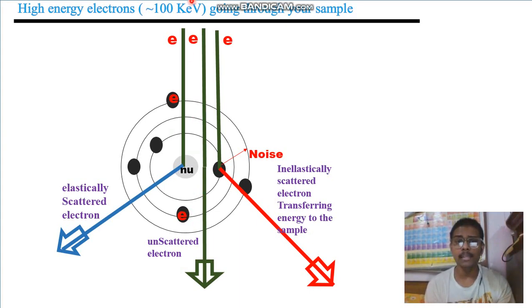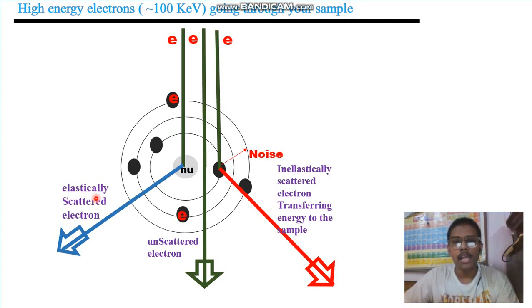One type of interaction is the unscattered electron, which goes through the sample without disturbing it. Another type of interaction happens when the electron interacts with the nucleus. It bounces off its pathway by the nucleus, and we call this an elastically scattered electron.